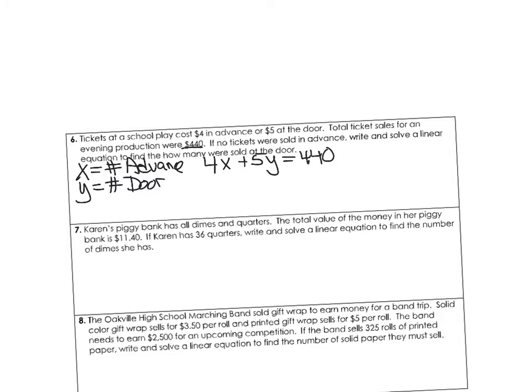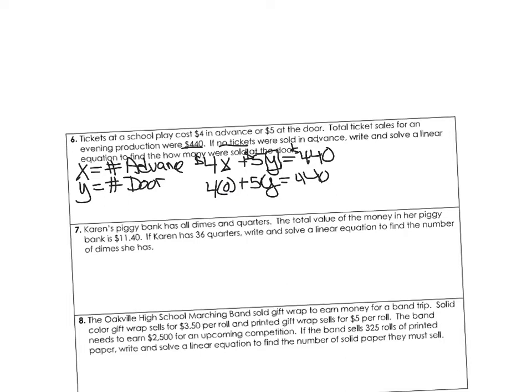Okay? So this is money, this is money, this is money. All right, so it said if no tickets were sold in advance, how many were sold at the door? So we're going to be solving for the number of tickets sold at the door. And they told us that X was 0. So $4 times 0 plus $5 times Y equals 440.